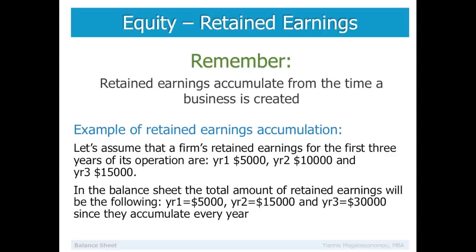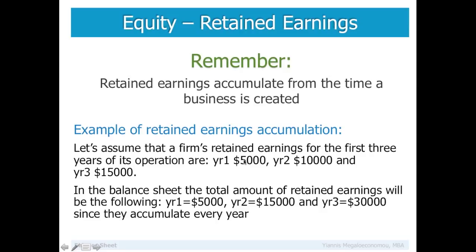Here I have an example to understand the accumulation of retained earnings. Let's assume that a business has retained earnings for the first 3 years of its operation. Let's say in the first year the retained earnings were $5,000, year 2 $10,000, and year 3 $15,000. So in the balance sheet, the total amount of retained earnings will be the following. At the end of year 1, $5,000.